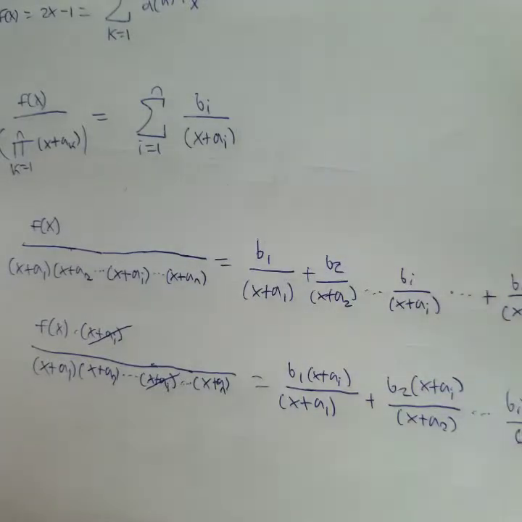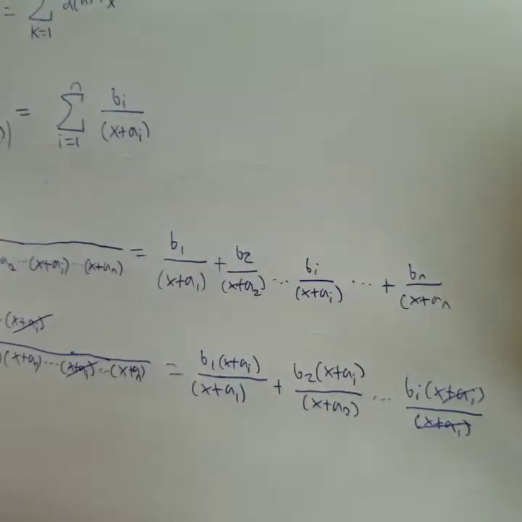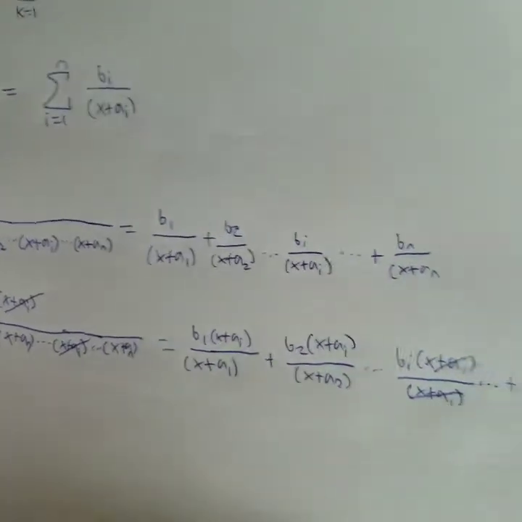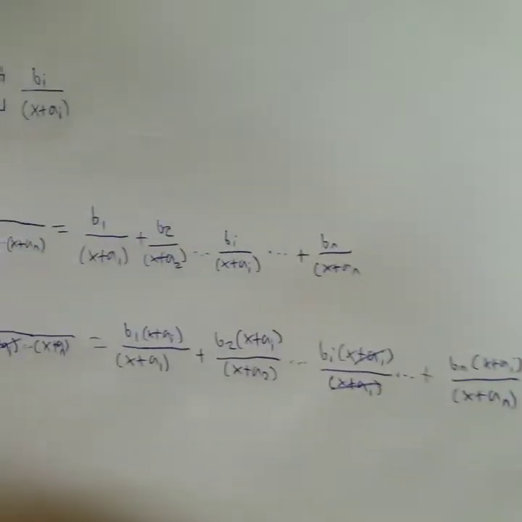These terms cancel, and you get all the way up to b n times x plus a i over x plus a n.